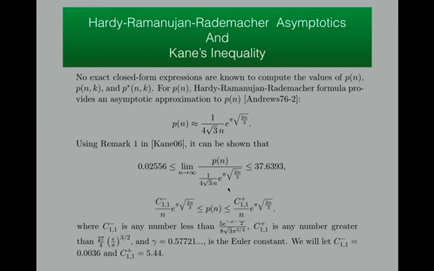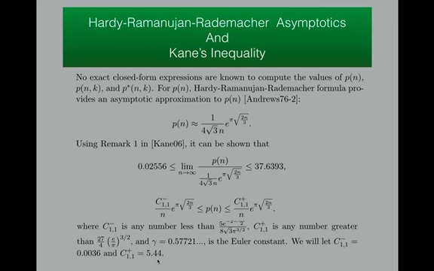If we isolate Pn in this inequality, we come up with two constants that will be critical, especially the constant on the right-hand side here. C1 superscript plus will be important in our discussion. These two constants can be computed from Kane's work as 0.0036 and 5.44.